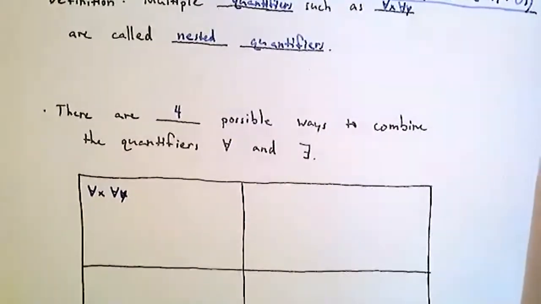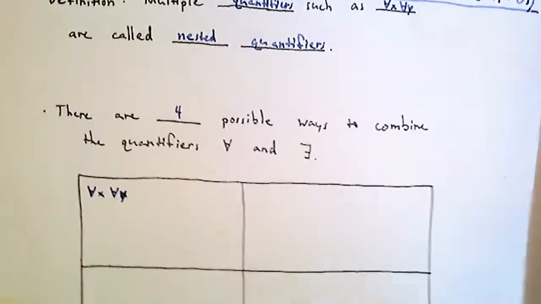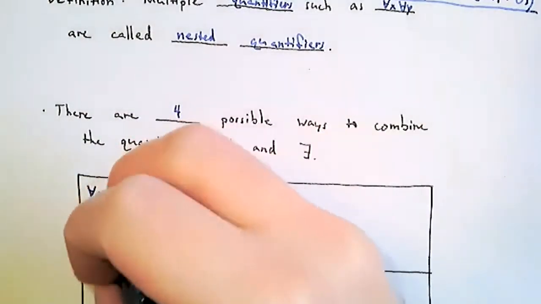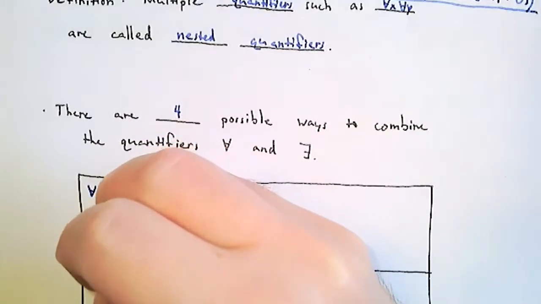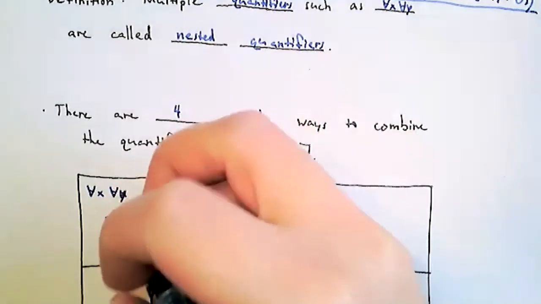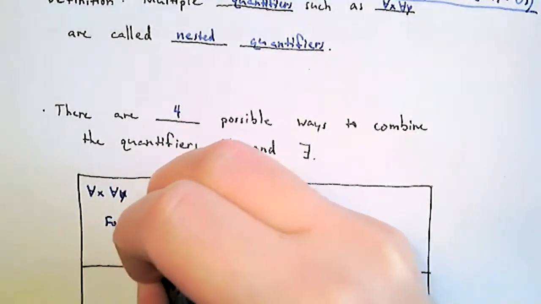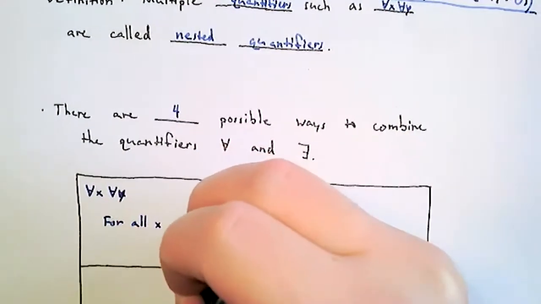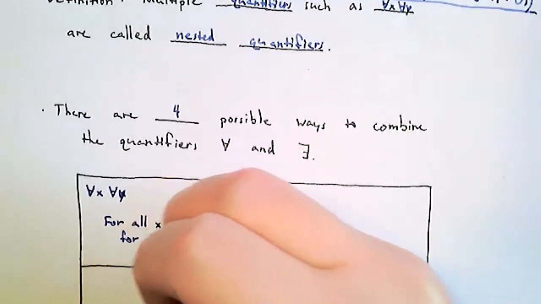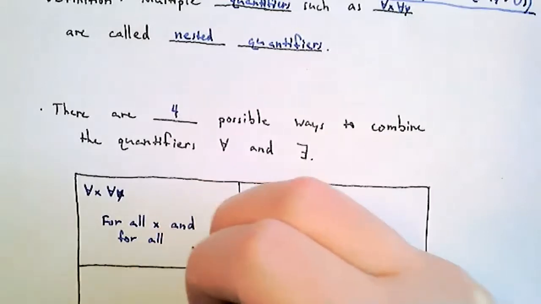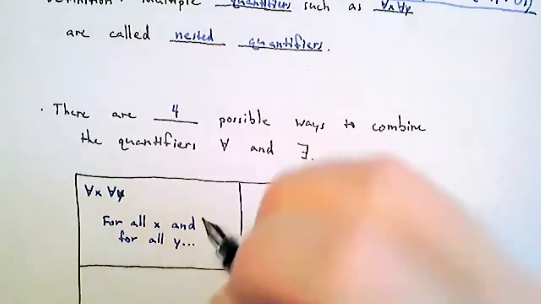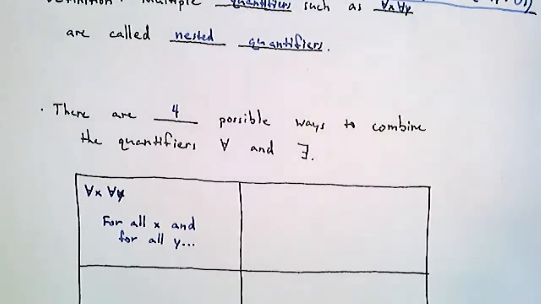And this one is one that we've already seen, but there's maybe a more common way of writing this in English, and that would be maybe something like this. For all x and for all y. And then your statement would continue.